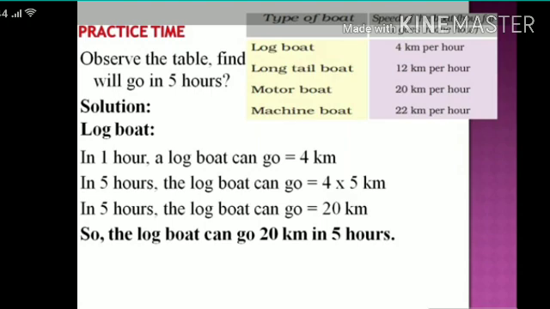In 5 hours, the logboat can go 20 kilometers. So what is the conclusion? So the logboat can go 20 kilometers in 5 hours. Understood, children? So in 1 hour how many kilometers, you want to multiply by 5 to get the required answer. Clear?